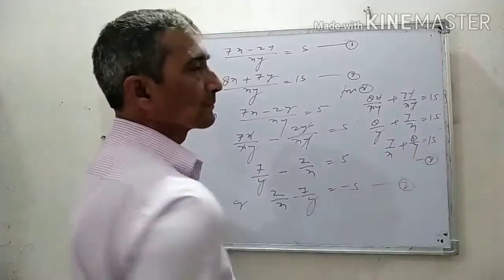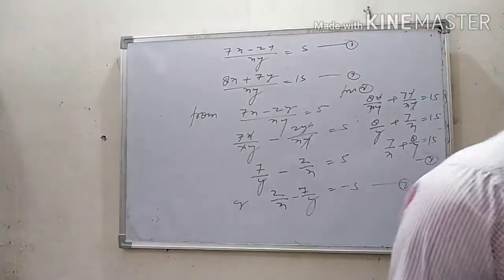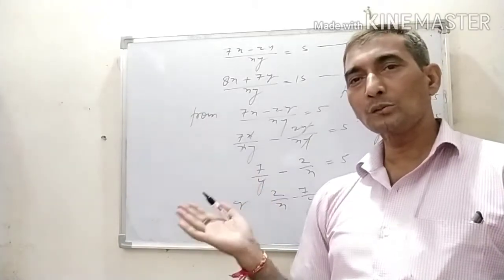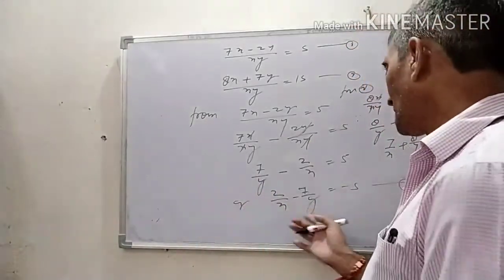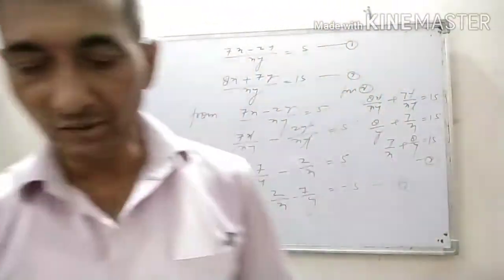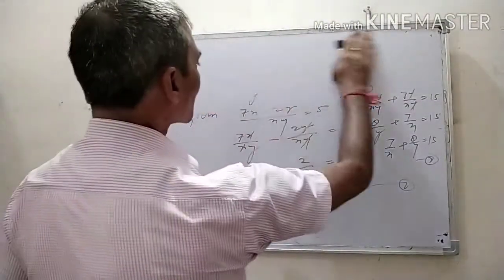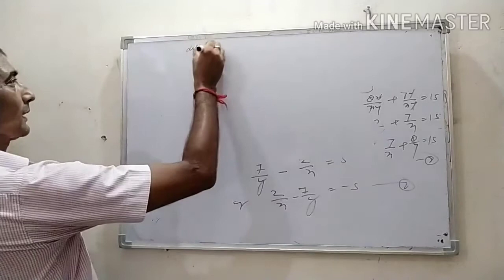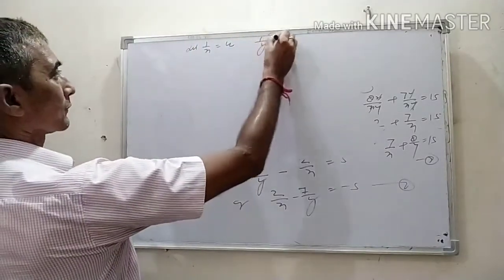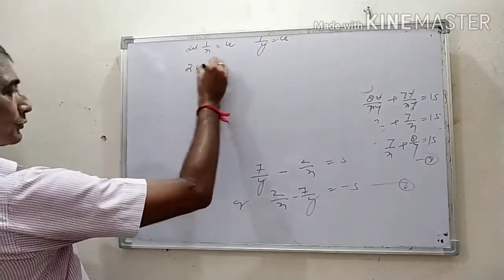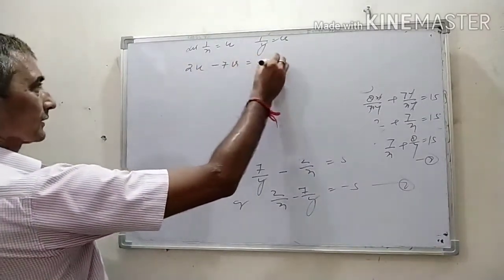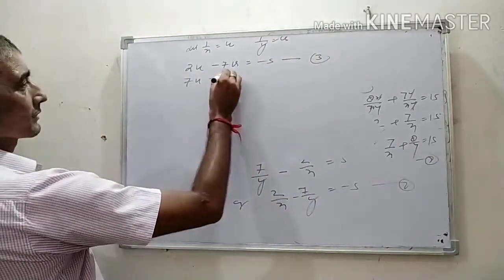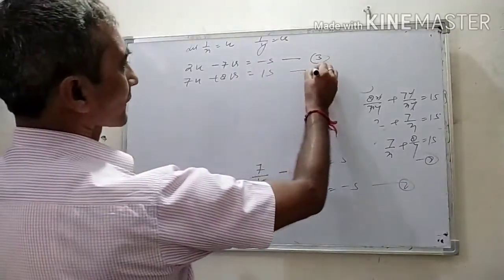Now we try to reduce, let 1 by x equal to u and 1 by y equal to v. Therefore 2u minus 7v equal to minus 5, equation number 3, and 7u plus 8v equal to 15, equation number 4.